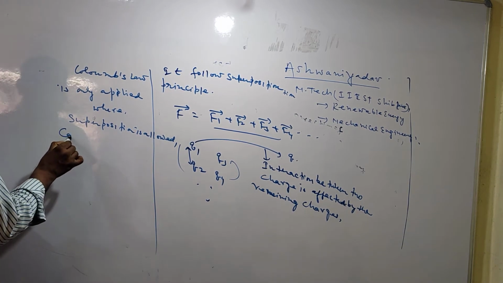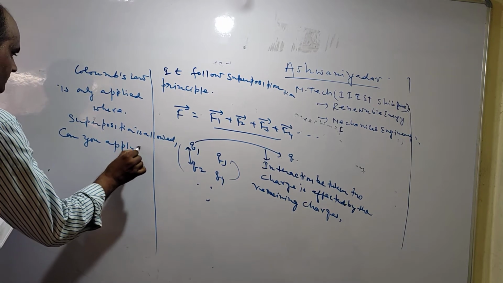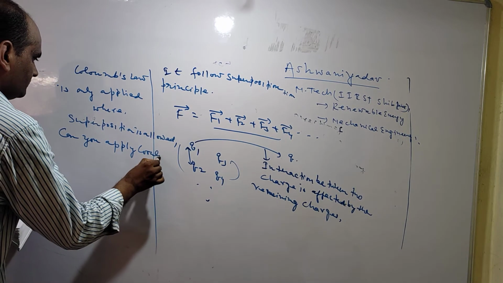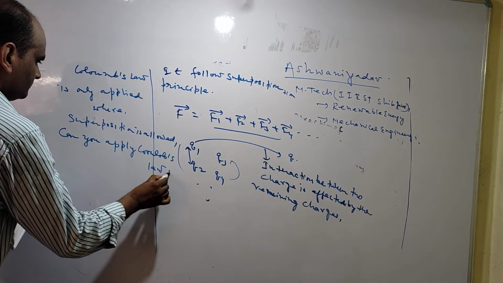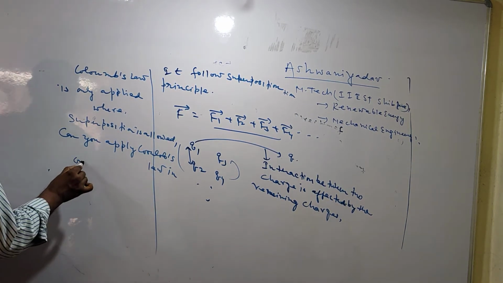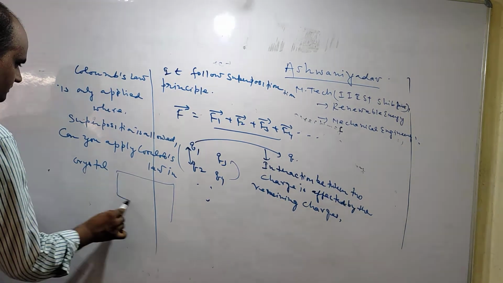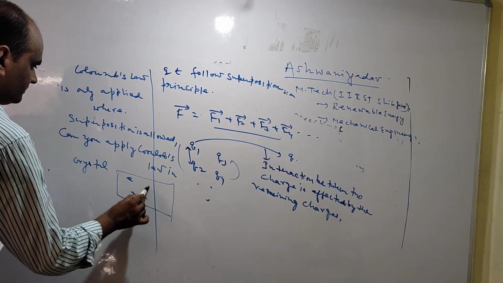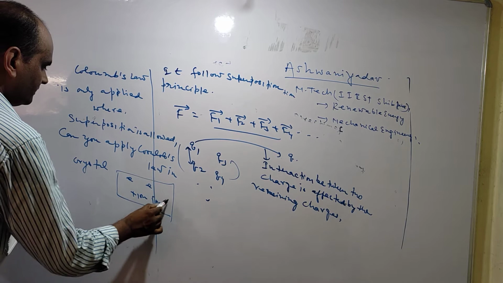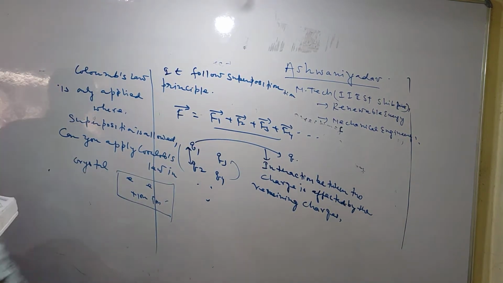Can you apply Coulomb's law in a crystal? Suppose this is a crystal. We have electrons and ions, so many electrons and ions. Then can you apply Coulomb's law and the law of superposition?